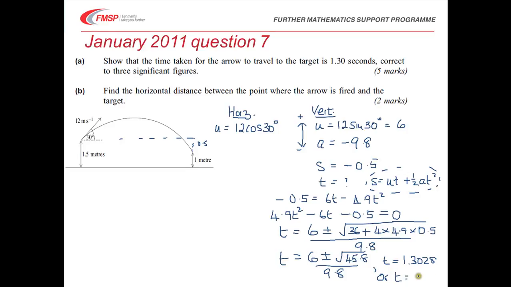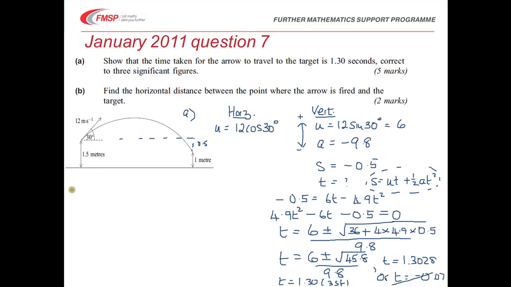Obviously a negative value is not appropriate for our question, so that is not right. So what we've ended up with is t equals 1.30 to three significant figures. So that completes part A.